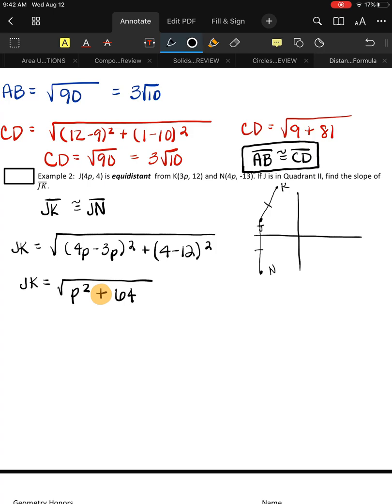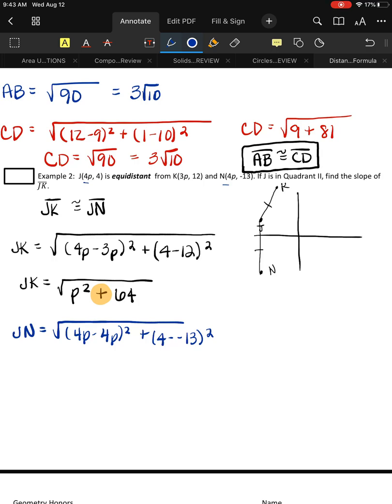All right, so then we're going to write an equation for the length of JN. For JN, we're going to subtract our x coordinates again. So the square root of (4p - 4p) squared, plus (4 - (-13)) squared.